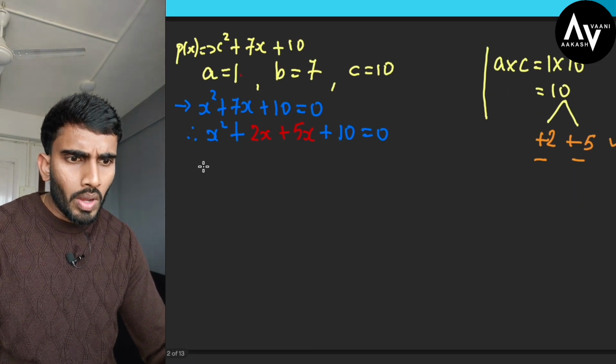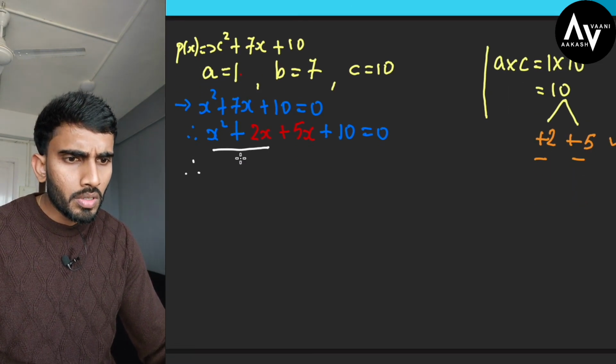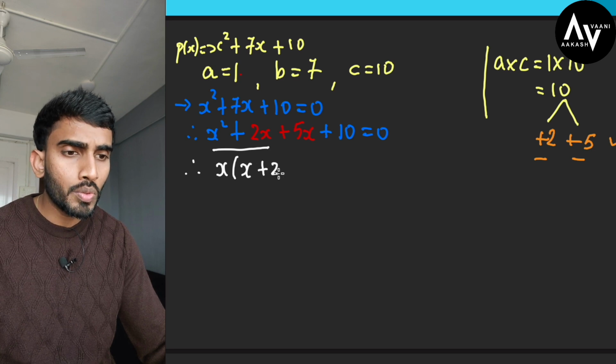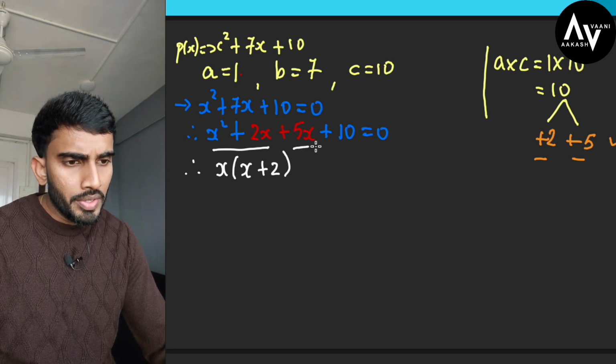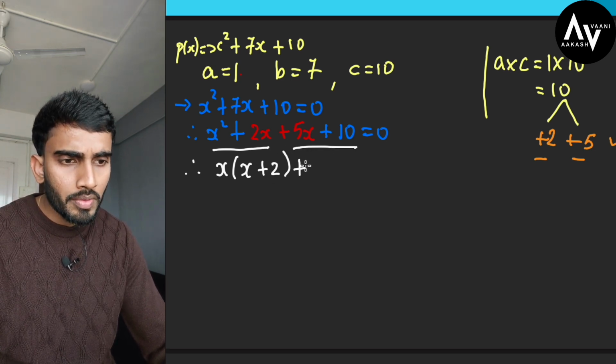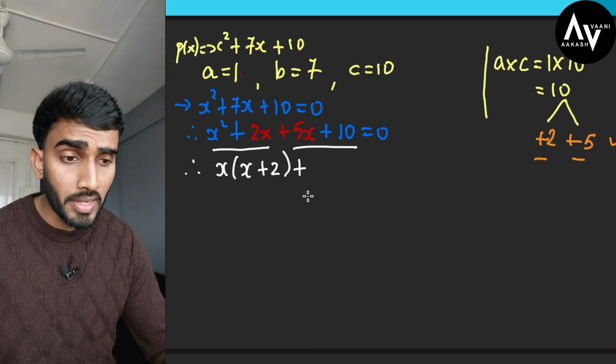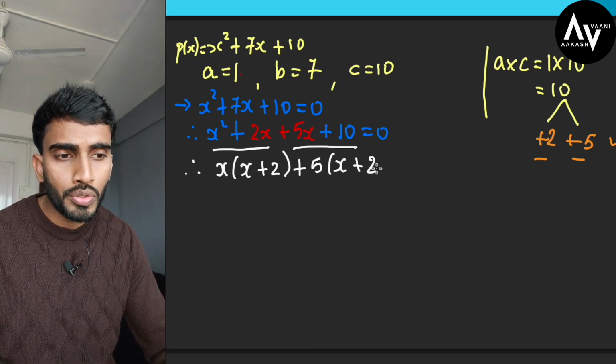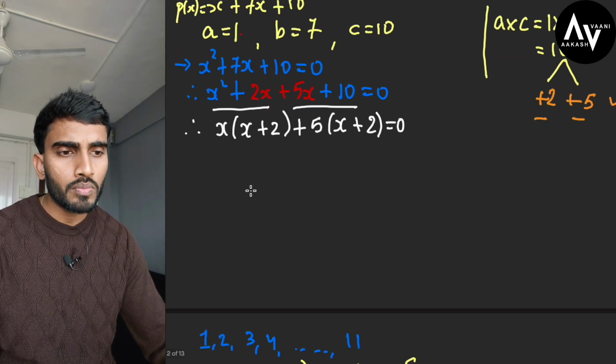Now I will take out the common factor from the first two terms, and here the common factor is x. So inside the bracket I will have x plus 2. Here I have a common factor 5, which is a common factor of both 5x and 10. So taking 5 common, inside the bracket I will have x plus 2, equal to 0.